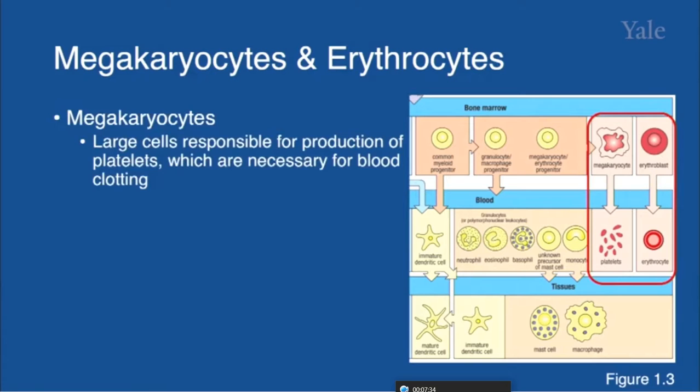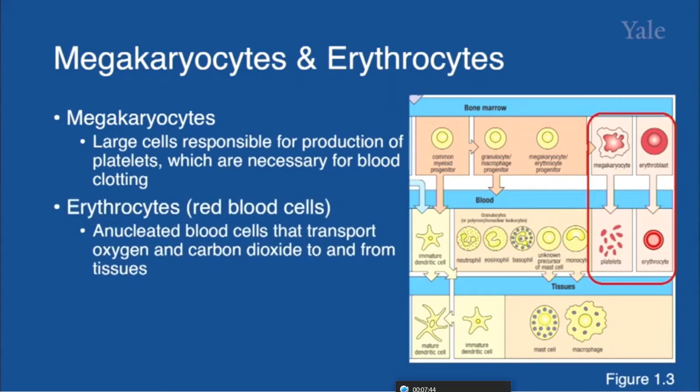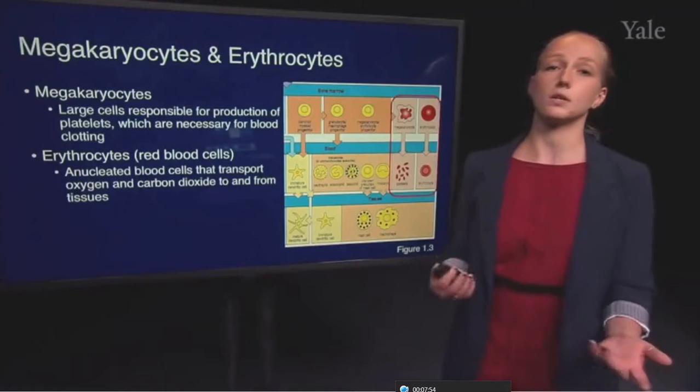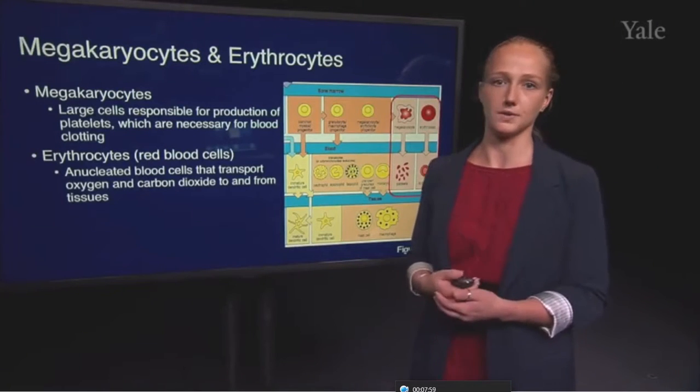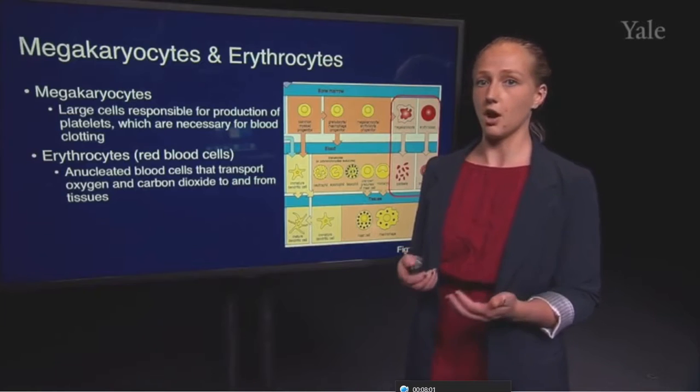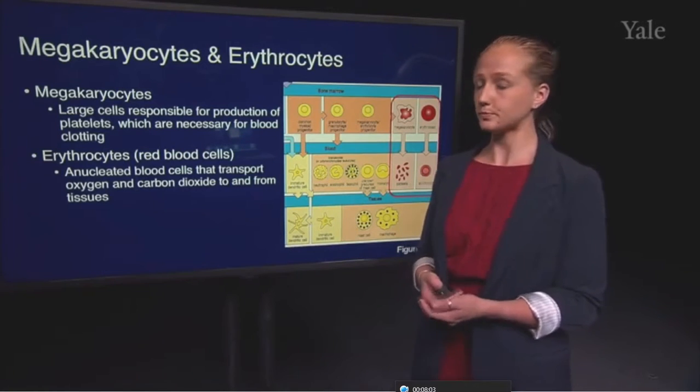Megakaryocytes are very large cells, as you can see here, that are responsible for the production of platelets, which are really necessary in blood clotting, which is important in wound healing. And erythrocytes, which are red blood cells, which are here, are anucleated blood cells that transport oxygen and carbon dioxide to and from tissues. Now again, we won't be going into these cells much further, but it's important to note that they are also a progeny of the common myeloid progenitor cell.